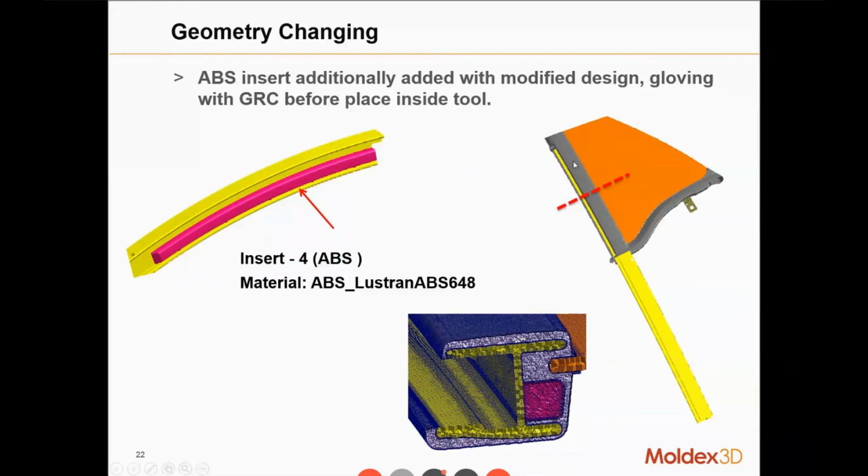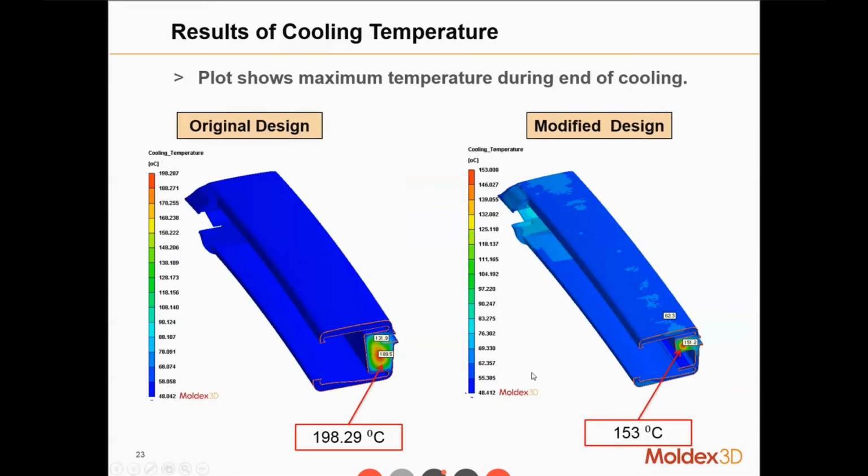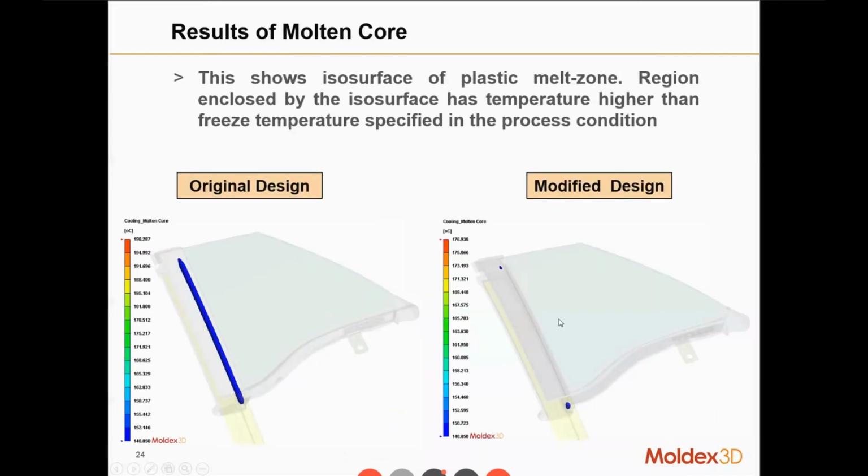This is the changed design of the insert, whose material is ABS, and the cross section shows the ABS insert here. Comparing the original and modified designs, the temperature at the end of cooling improves greatly, from 200 Celsius degrees to 153 Celsius degrees.